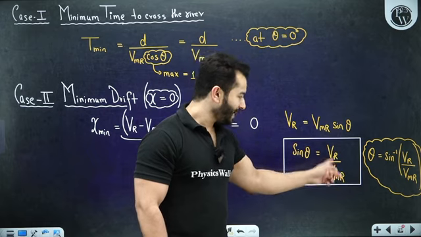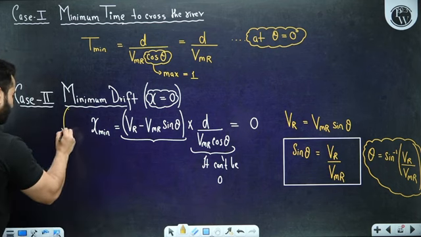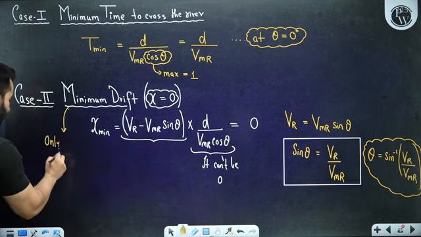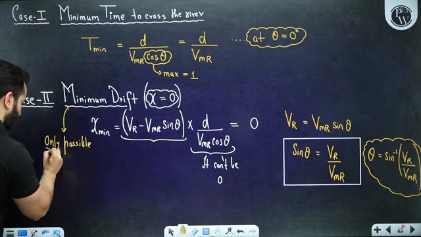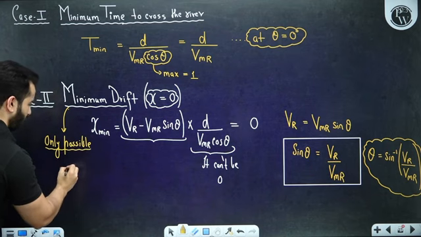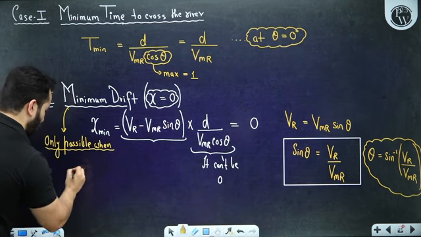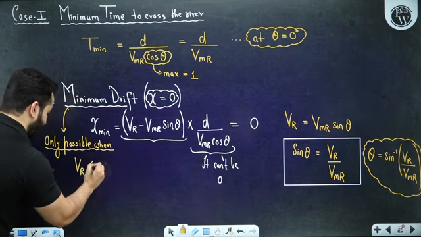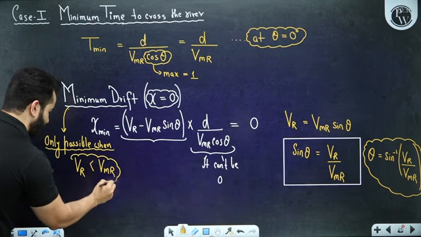And if this should be less than 1, then this is only possible when VR is less than VMR. This is the condition for minimum drift.